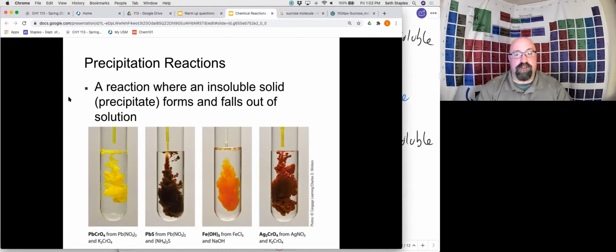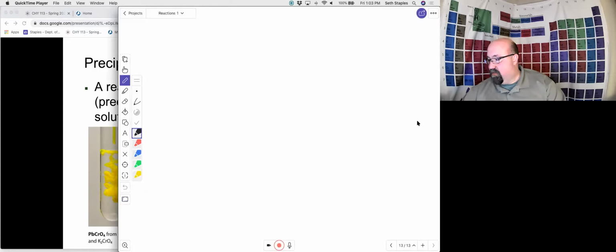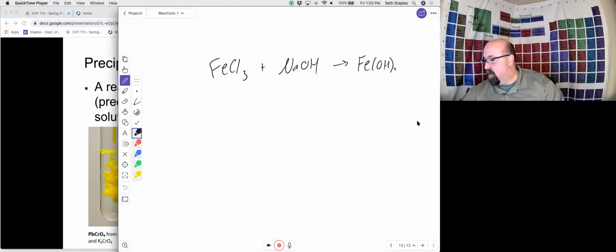Next time, we're going to start by focusing in on precipitation reactions some more and being able to predict the products of a reaction. And so, for instance, when we look here at our examples, if we look at FeCl3 and NaOH coming together, we're going to look at how we then come up with our balanced chemical formula from that.